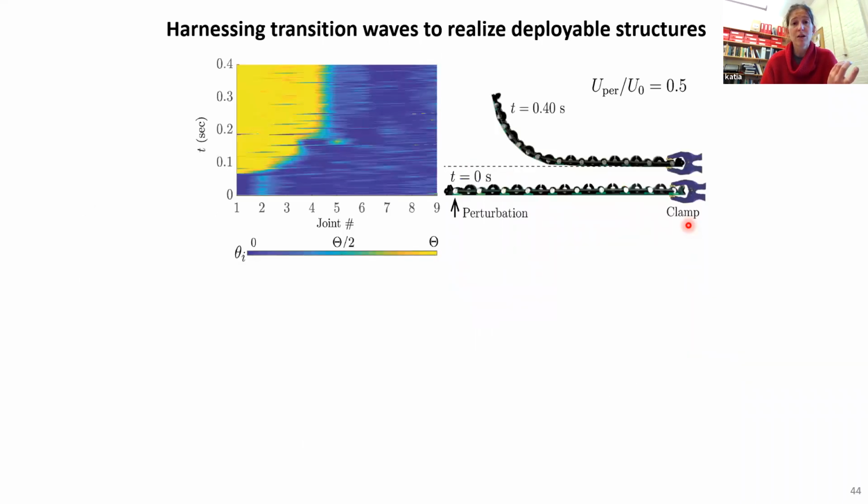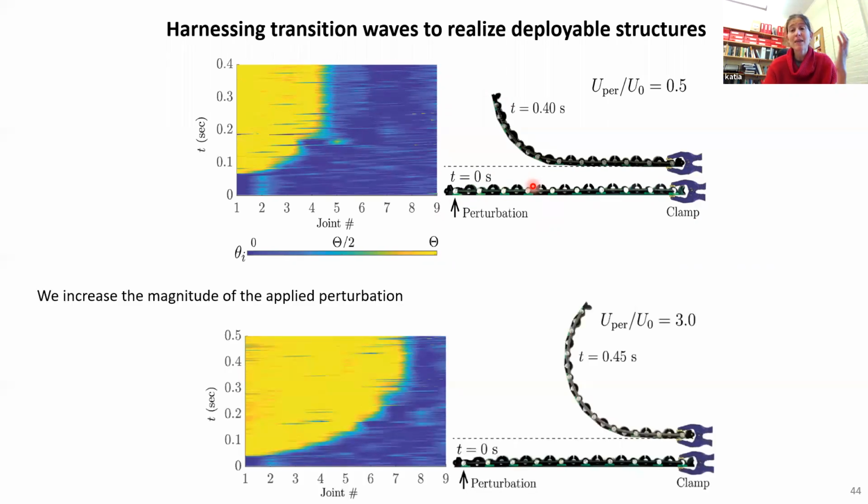But when we make a chain and apply a perturbation, providing some energy, what we see, in this snapshot from the movie I showed you before, is that the wave starts propagating but at a certain point it stops. After the first four joints snap, the wave stops. How can we make this wave propagate longer? The first idea is, okay, let's provide more energy, right?